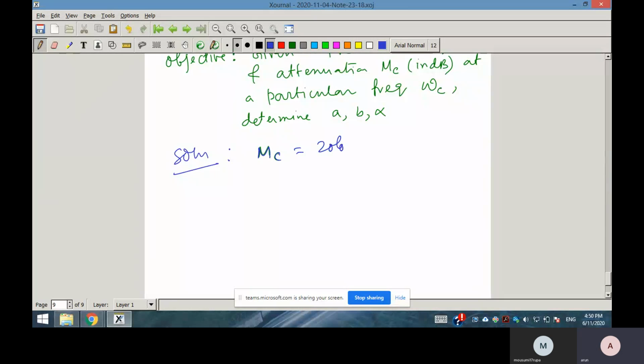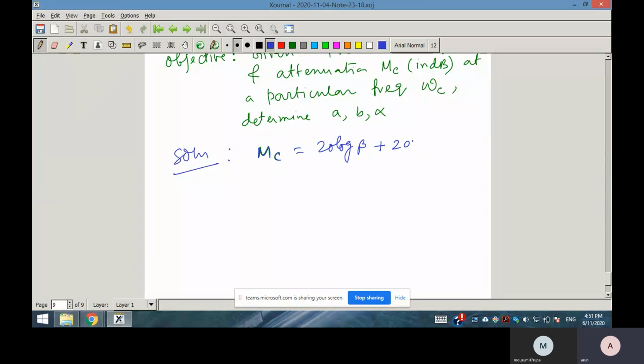So here Mc will be equal to 20 log beta, the gain attenuation provided by the lag part, plus the gain provided by the lead part. Ultimately this sum should be negative, because beta is less than 1, so Mc is negative in dB.